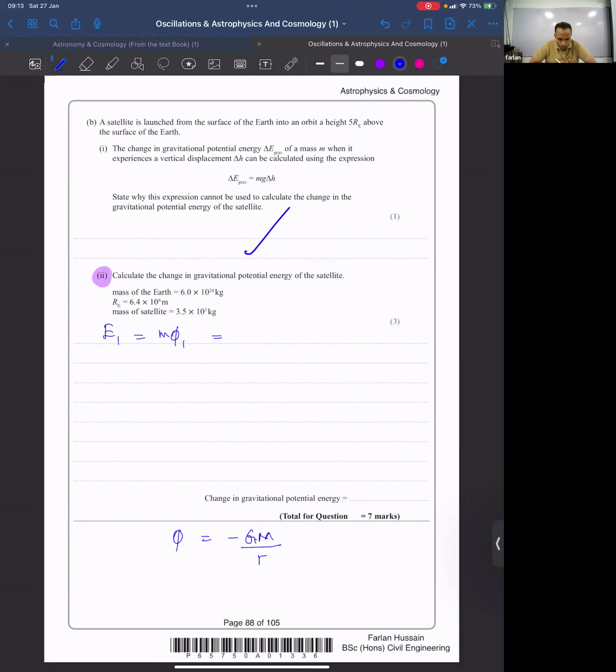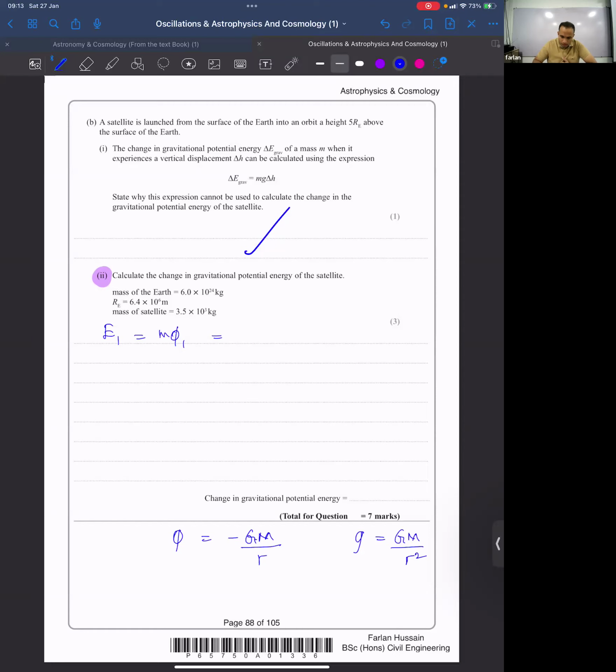Because you know, phi equals minus GM over r. And g equals GM over r squared. Am I right?